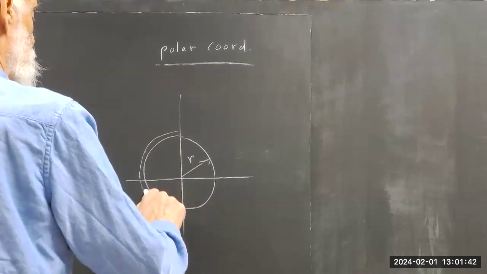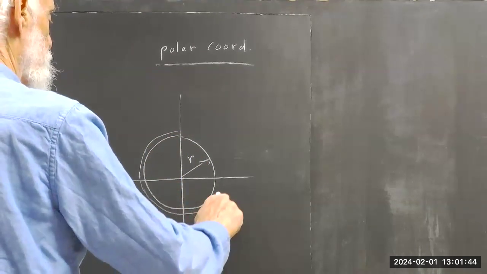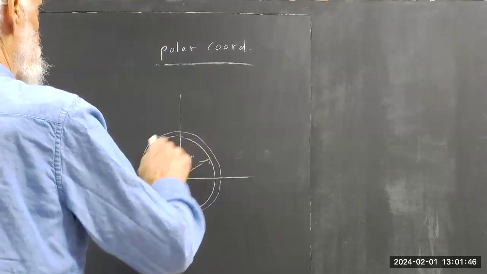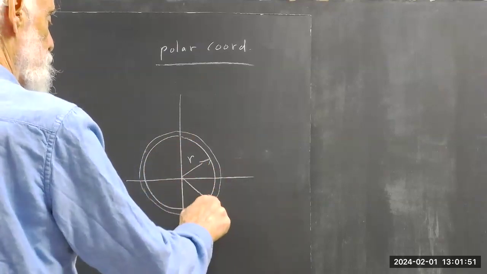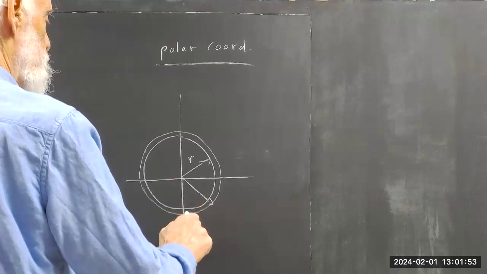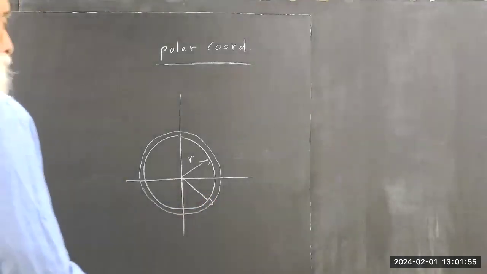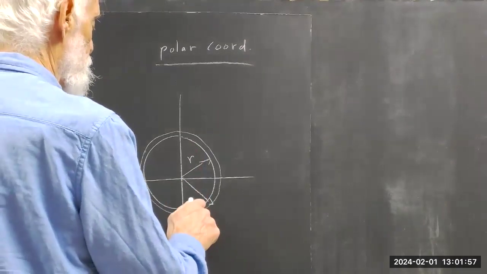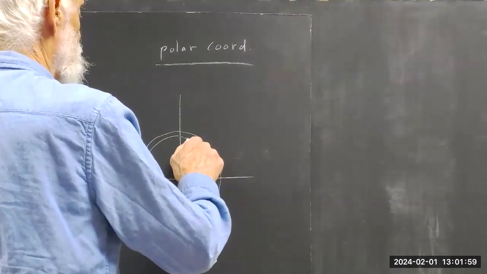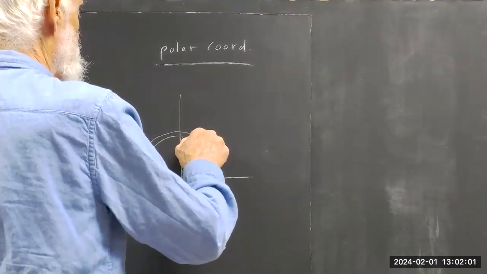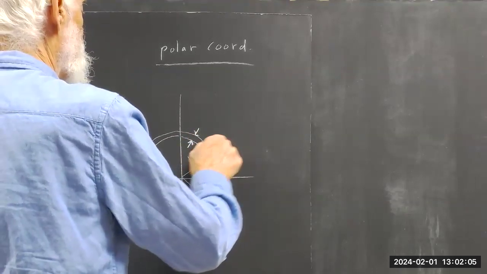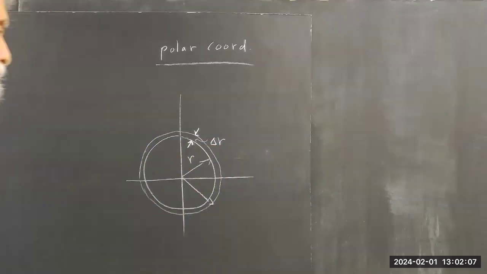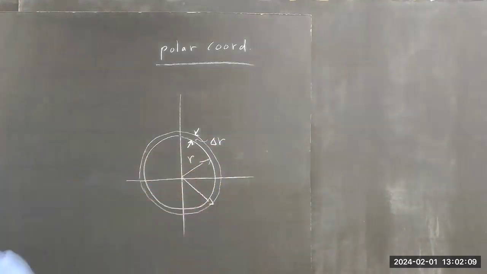So the radius of this circle is different than the radius of this circle. This distance is delta r. So this is r, and this is r plus delta r if you wish.